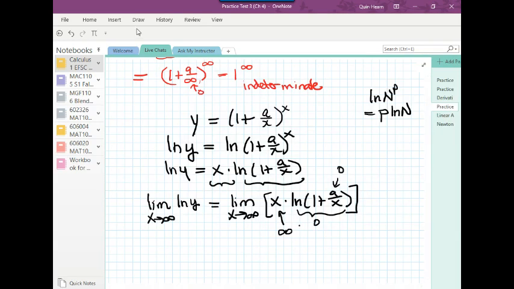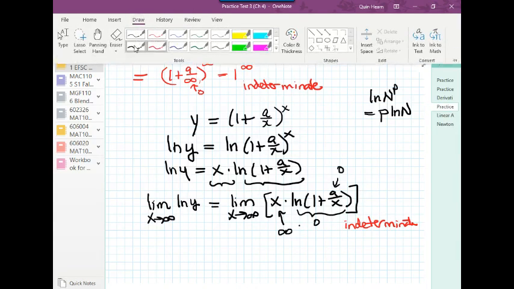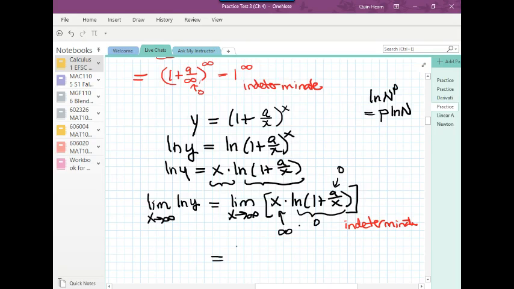And this is helpful because you notice that we've now got a product, right? And what we really want actually is a quotient. We want a function over a function. Well, let me clarify that.